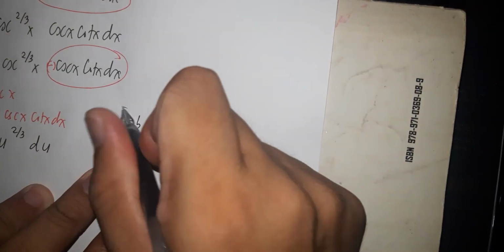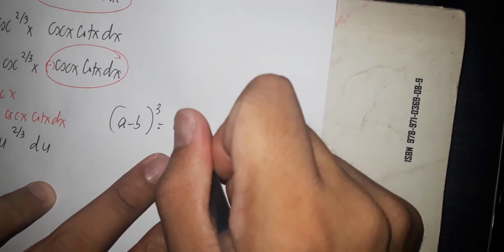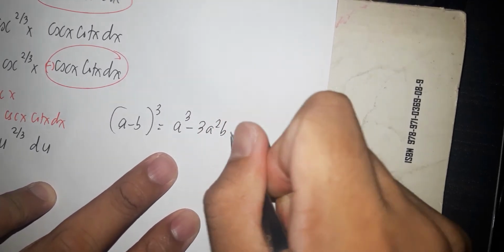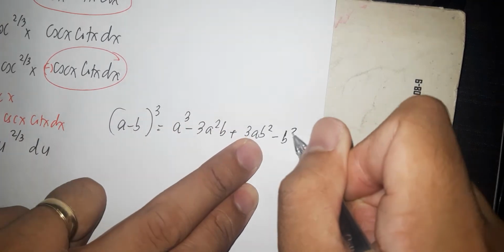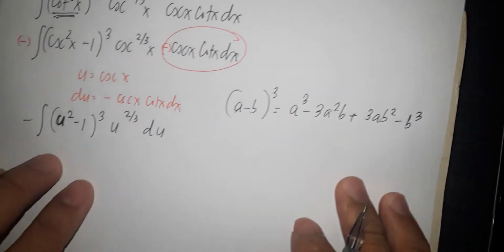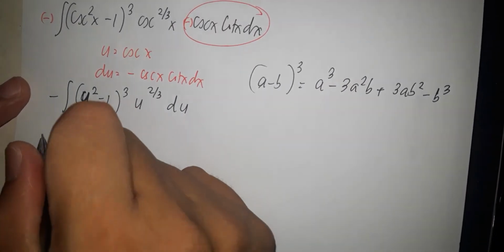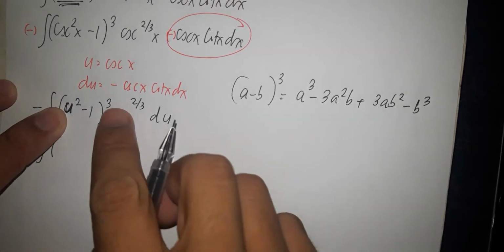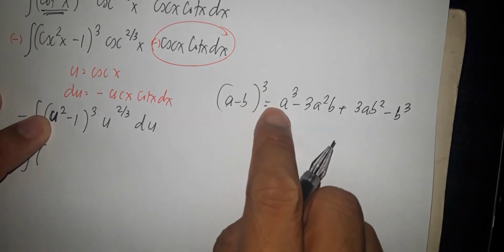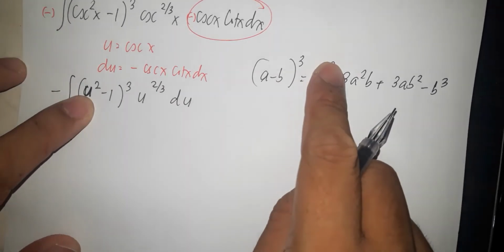I need to expand this using (a minus b) to the third is equal to a cubed minus 3a squared b plus 3ab squared minus b cubed. So this is negative integral of the quantity u squared raised to the third, because this must be a cube of the first.